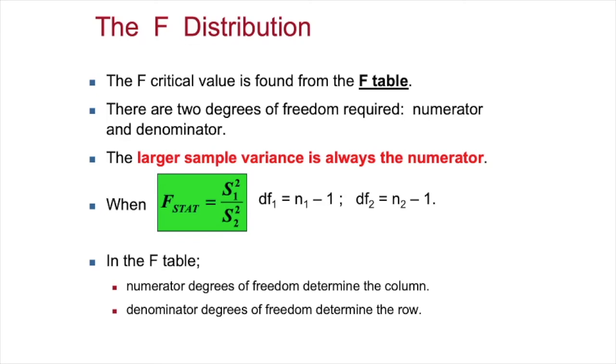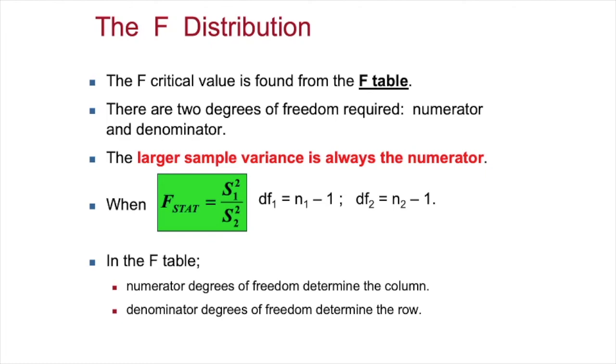To read a value out of an F table, you need 2 degrees of freedom. There's the degree of freedom of the numerator and the degree of freedom of the denominator. Now again, the sample variance that is bigger has always to be the numerator, not the denominator. So for your F stat being S1 squared divided by S2 squared, the first degree of freedom is N1 minus 1, the sample size of the first sample, and the second degree of freedom is N2 minus 1.